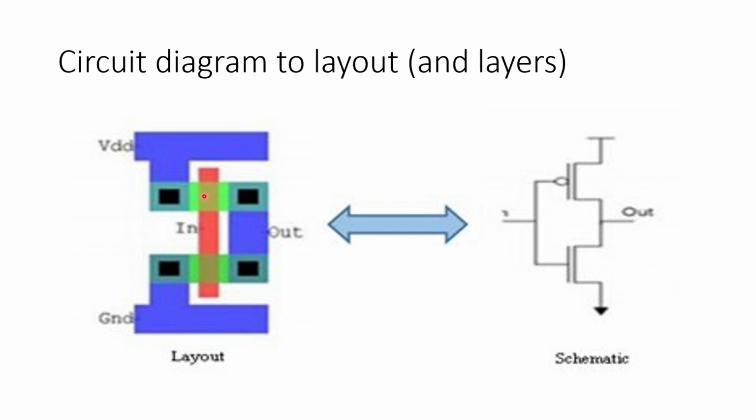This is the topological interpretation. This is called a circuit layout. So you have the gate and two transistors, source and drain and source. And this basically is how the layout is done to make this circuit diagram on a silicon substrate.